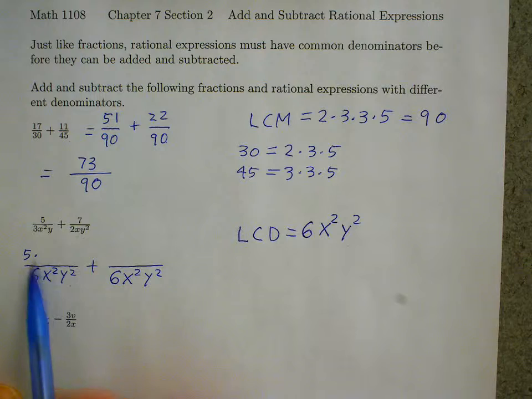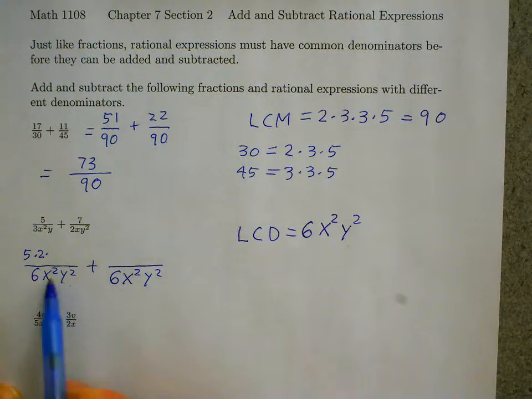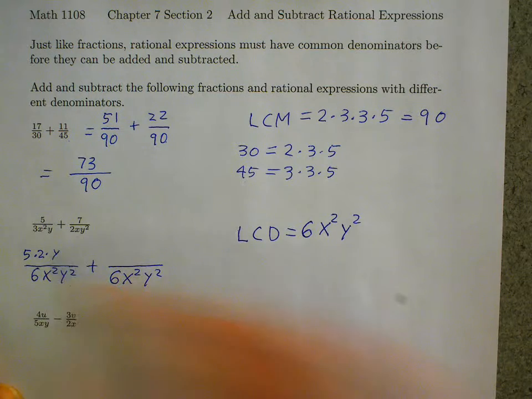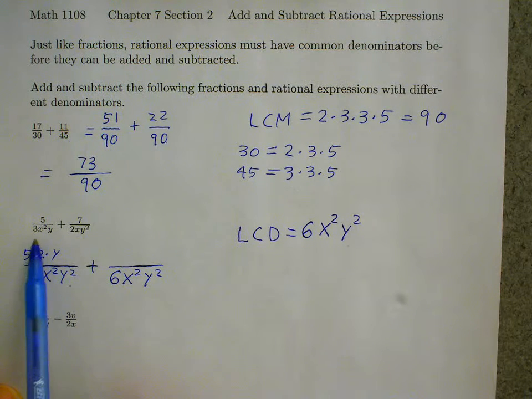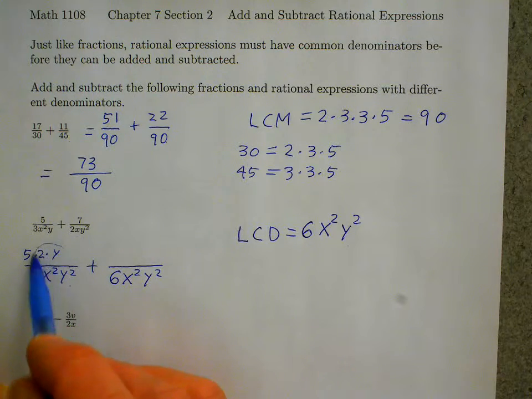So we need a factor of 2, and we also need a factor of y. Because the difference between this denominator, 3x squared y, and this denominator, 6x squared y squared, is 2 times y.